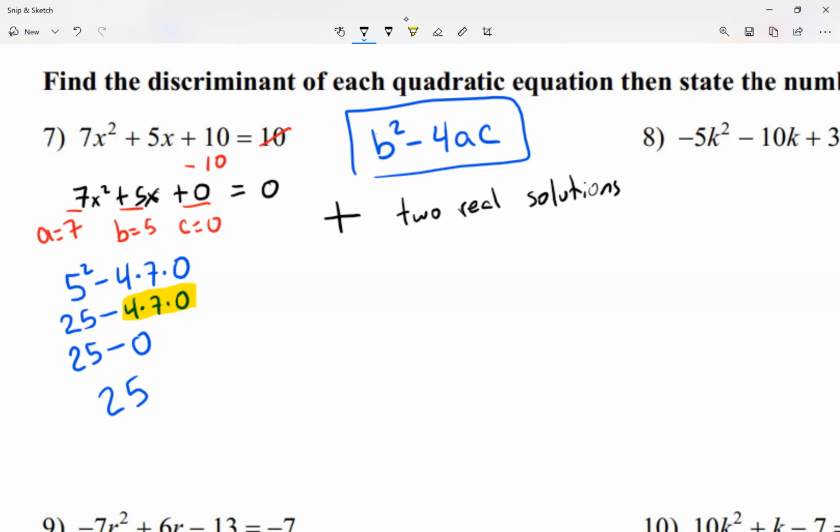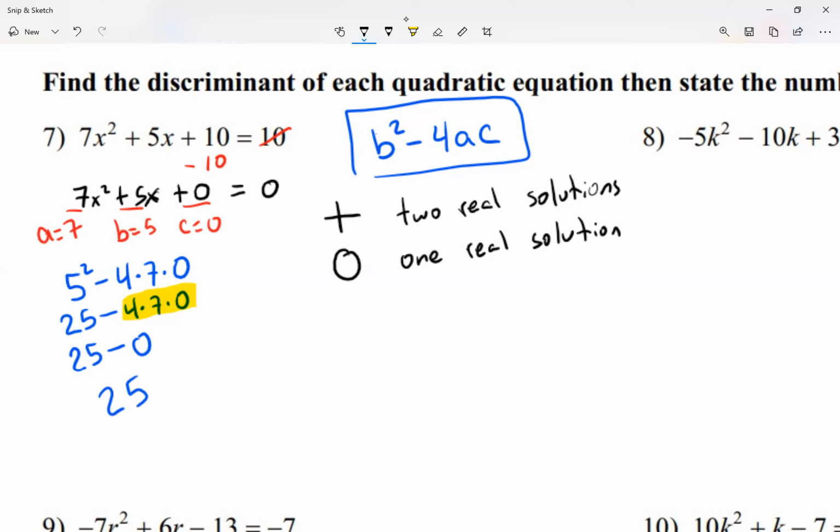If my answer is 0, I'm gonna get 1 real solution. And yes, you guys do have to type in the words real solutions or real solution. 2 real solutions, 1 real solution, right? Real numbers are those that we can put on the number line. Numbers we usually deal with. So if my discriminant is positive, 2 real solutions. If my discriminant is 0, I got 1 real solution.